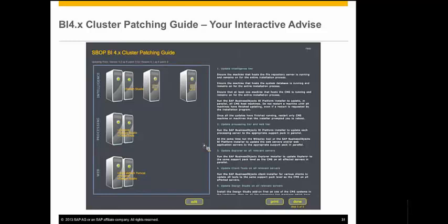So just entering this kind of information will give you an insight into the best way to patch your system. If you have your existing 4.x system, using this tool, it's interactive advice on the best approach to upgrade your existing environment to a 4.1 patch.